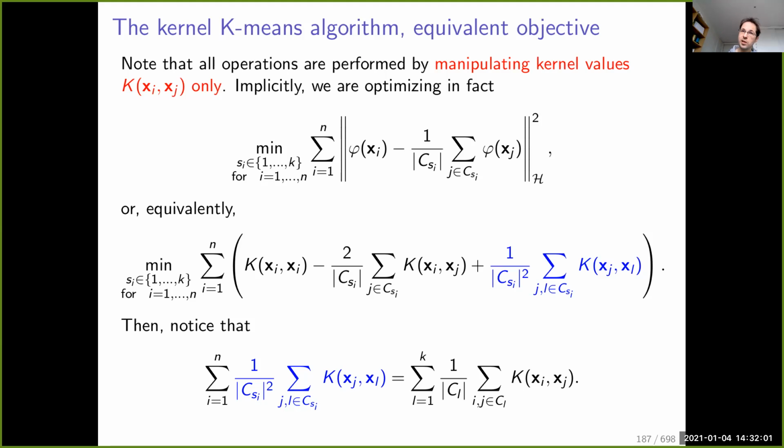Now, it turns out that if we do a bit more manipulations, we can obtain another equivalent objective, which I think is very interesting to get additional intuition about what it means to do clustering with a kernel function.